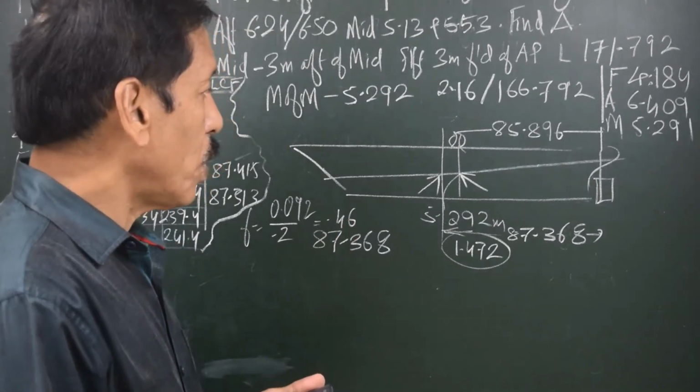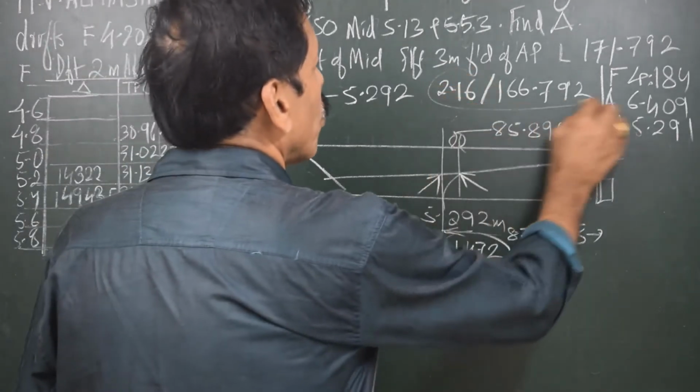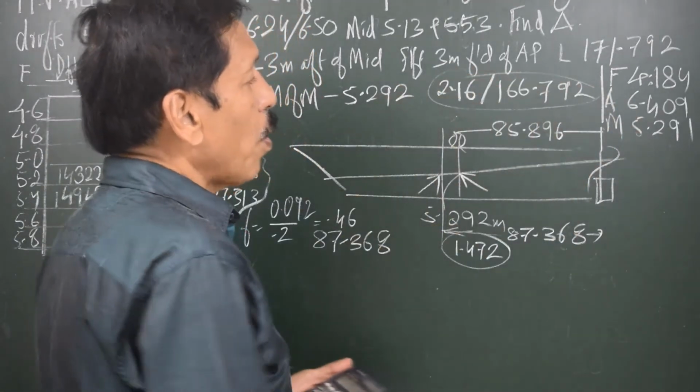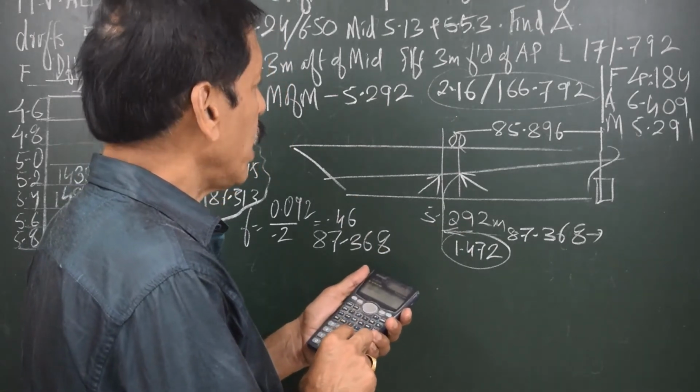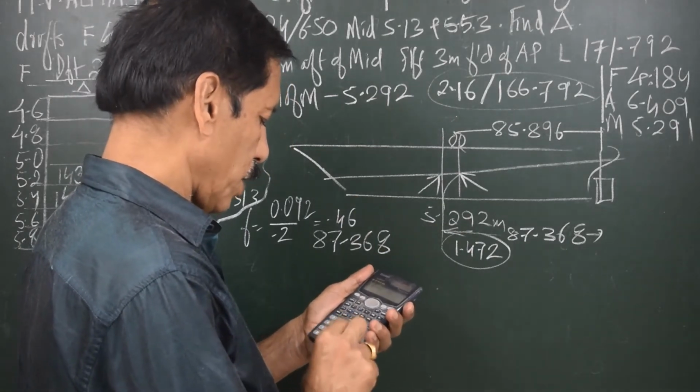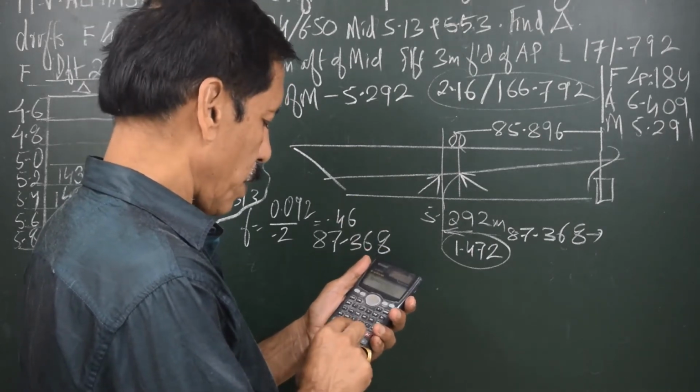So I want to apply the correction for 1.472 using the same ratio, that is 2.16 upon 166.792. So 1.472 into 2.16, divide by 166.792.